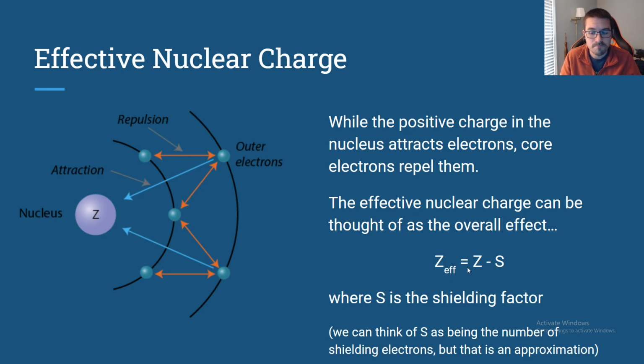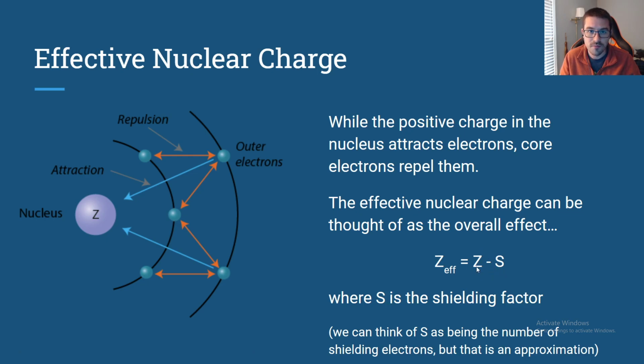It's pretty simple. So Z is the number of protons, right? So the effective nuclear charge is equal to Z, the number of protons, minus S, where S is some shielding factor, okay?